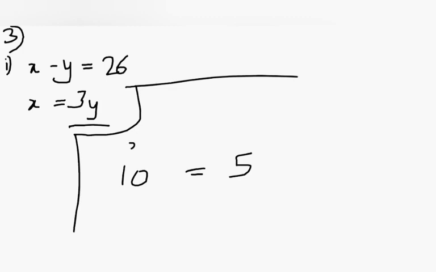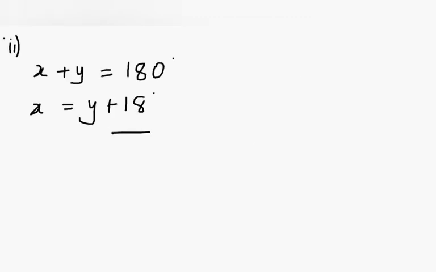If you have to make them equal, you will multiply 2 to the y and not to the x. If you multiply 2 to x, it will become 20, and 20 and 5 will never be equal. So that is why you always multiply or add or subtract or divide the lower number if they have mentioned the question in that way. So remember it.